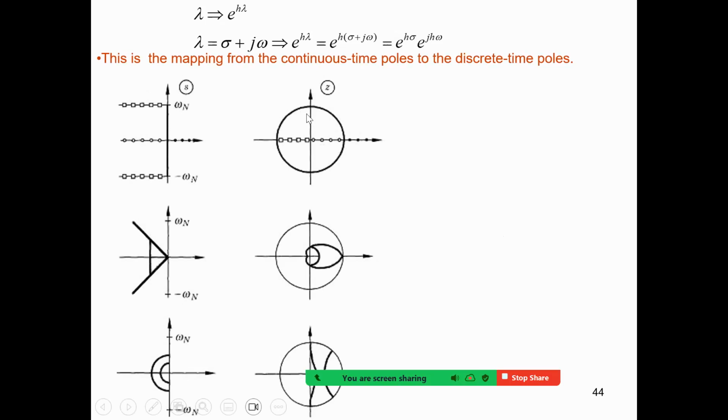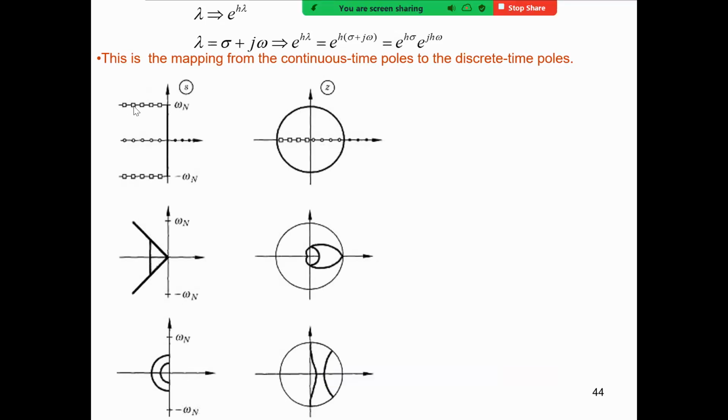Under this mapping, we can easily compute some cases. All the square is mapped into the square. You can see that all those poles in continuous time are stable, and they are mapped into poles inside the unit circle. Those are the stable poles. Here, those are the unstable poles, and they map to poles outside by this formula. Let's say the poles lie on those lines.